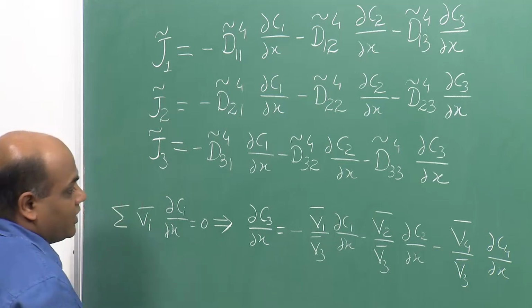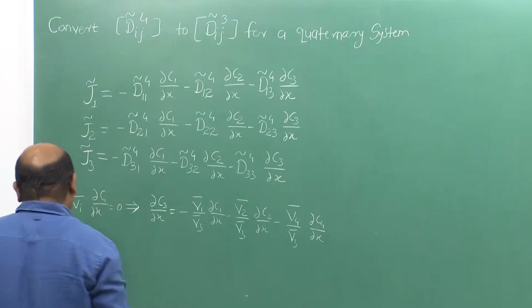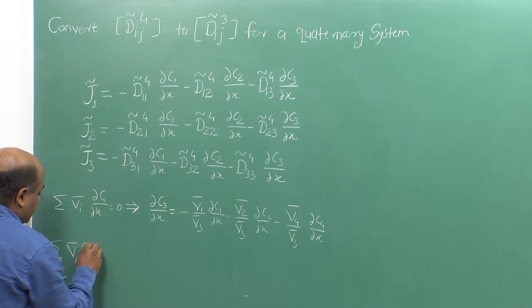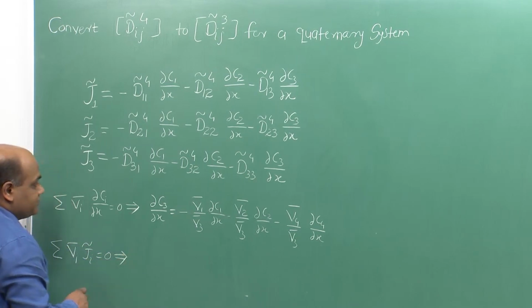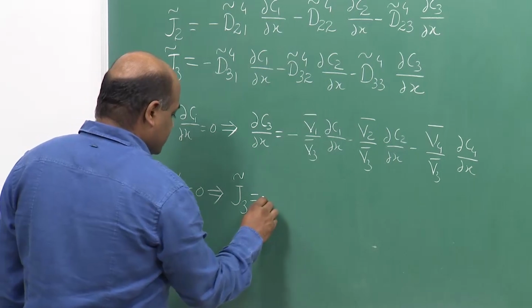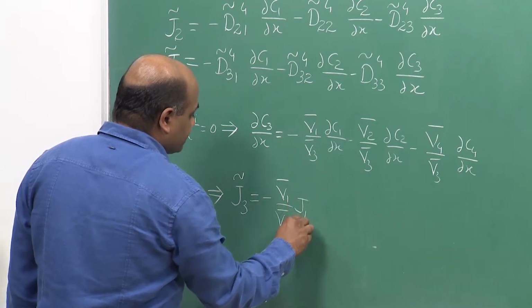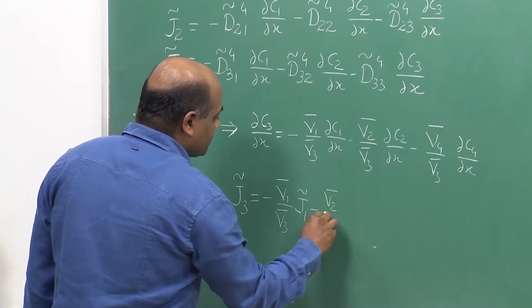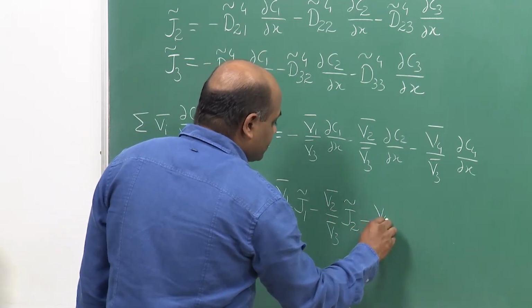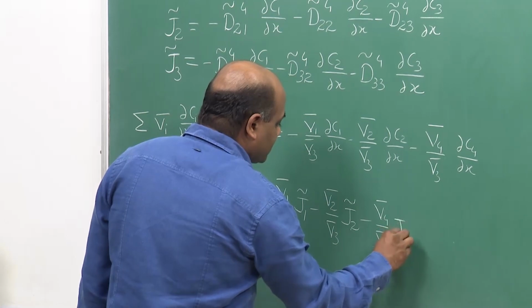And also, if we use the volume fixed frame of reference, the constraint on the fluxes is sigma Vi bar Ji tilde equal to 0. So, we can substitute J3 tilde as J3 tilde equal to minus V1 bar over V3 bar J1 tilde minus V2 bar over V3 bar J2 tilde minus V4 bar over V3 bar J4 tilde.